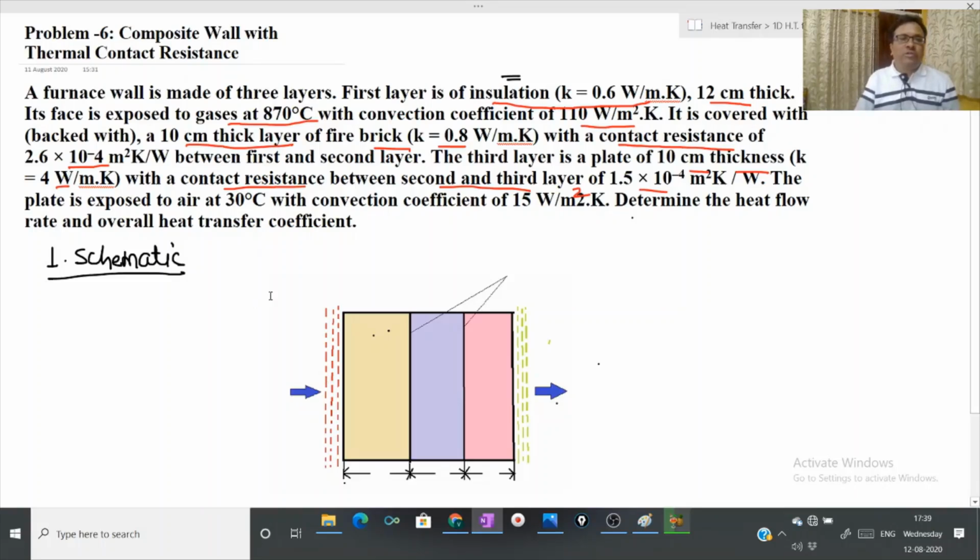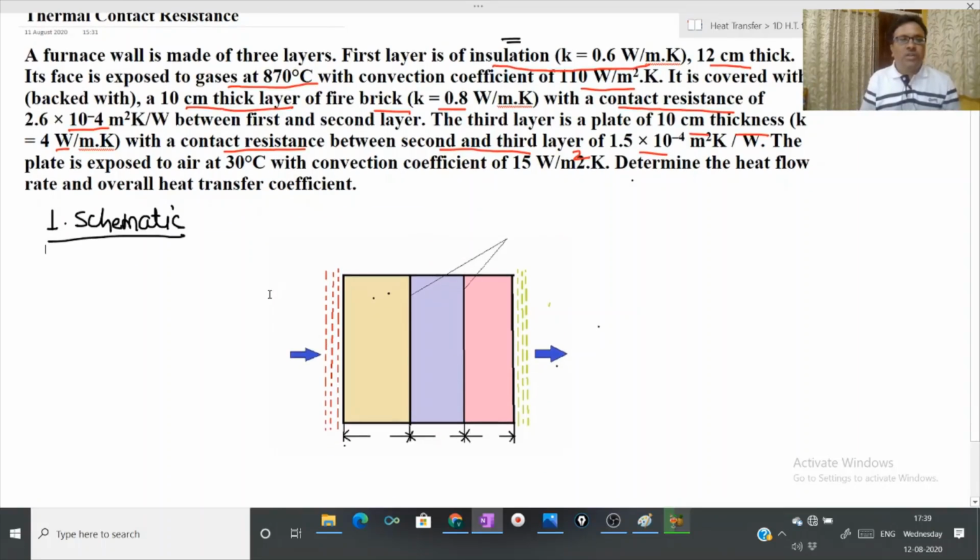In the given problem, there is a composite wall consisting of the first layer of insulating material, second layer of fire brick, and third layer of a plate. It could be a metal plate.